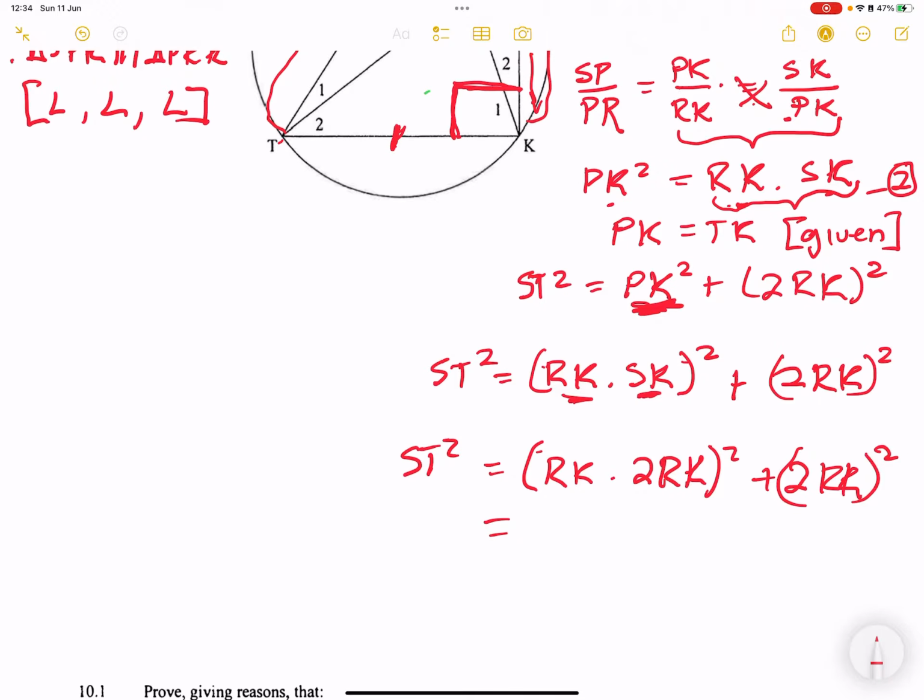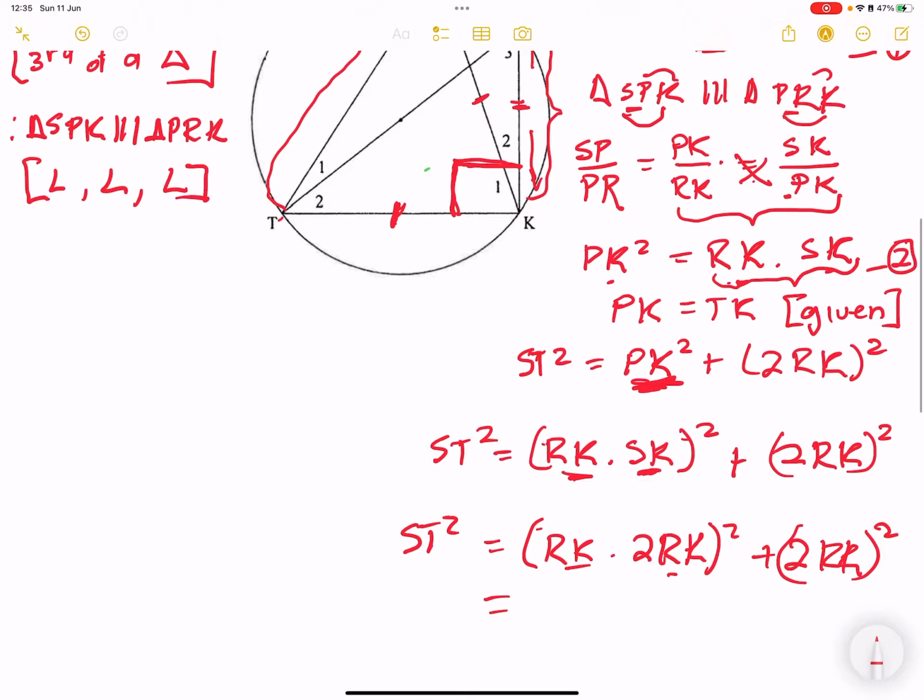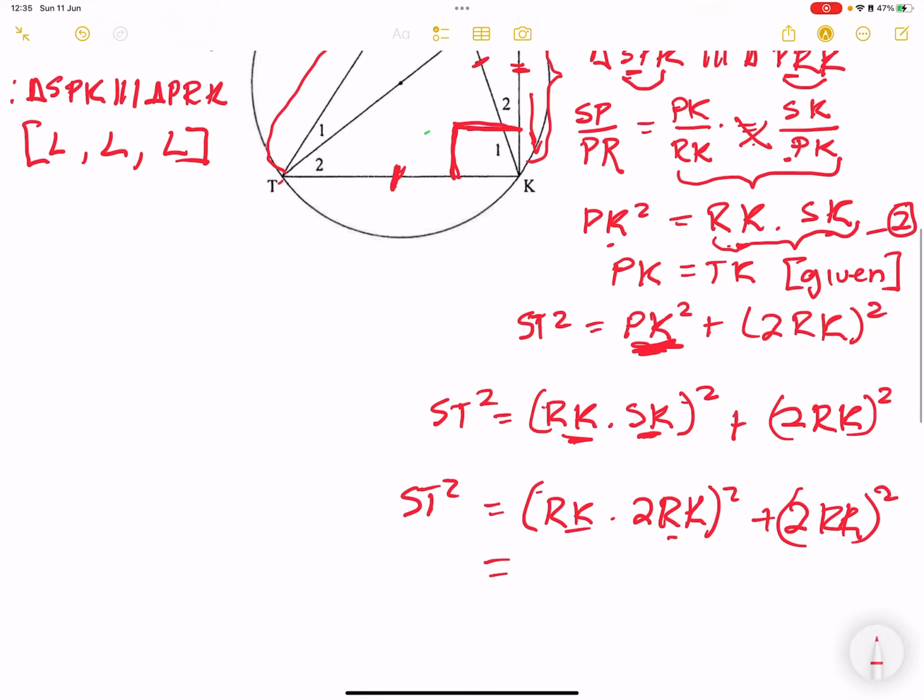So what does this give us? We are going to have RK times 2RK, and please remember where we got that. So we're going to have 4RK squared. Yeah, I made an error somewhere there.